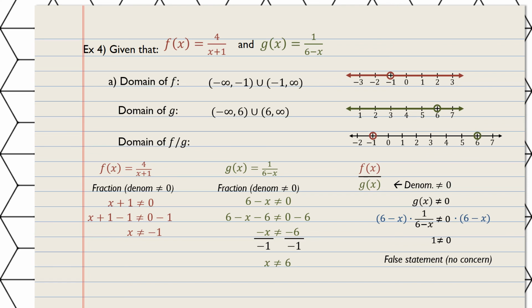So that means on our new number line, we can shade to the left of negative 1, we can shade between negative 1 and 6, and we can shade to the right of 6. Which means now we're ready for the interval notation, which would be negative infinity to negative 1, union, negative 1 to 6, union, 6 to infinity.